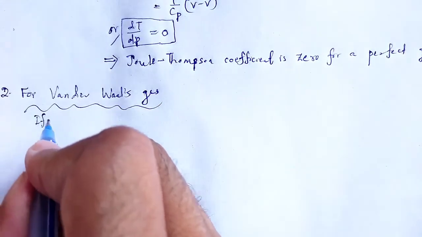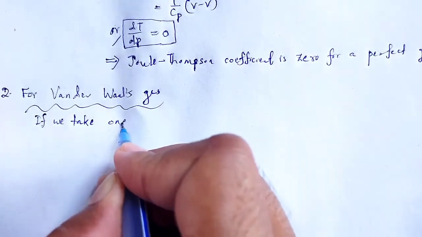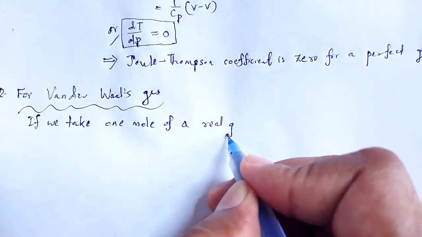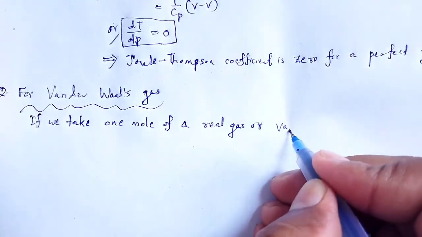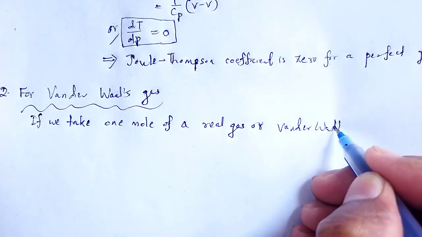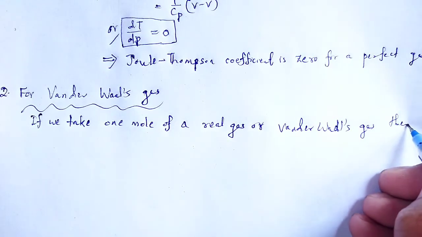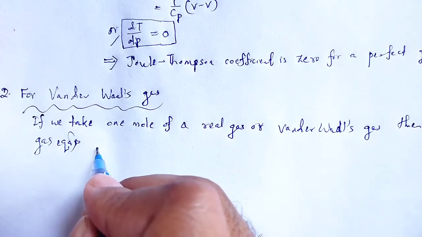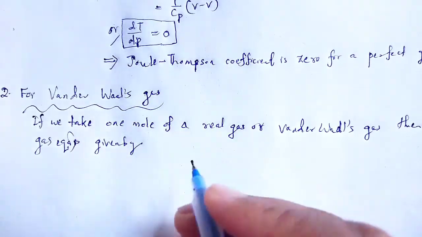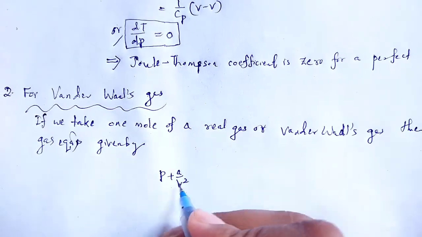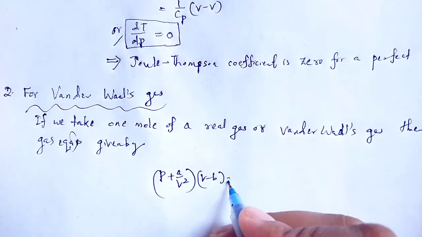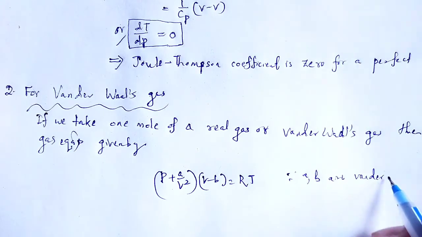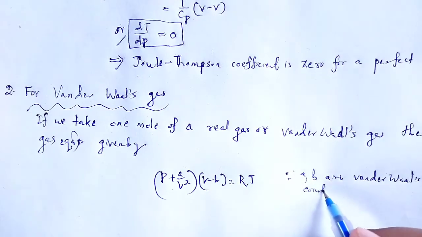If we take 1 mole of a real gas, or we can say a Van der Waals gas, then the gas equation is given by (P plus a by V square)(V minus b) is equal to RT, where a and b are Van der Waals constants.